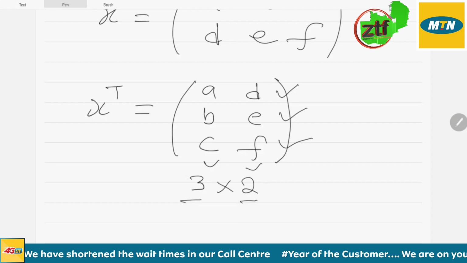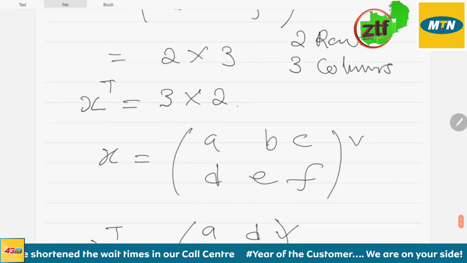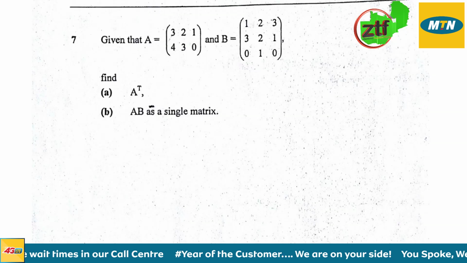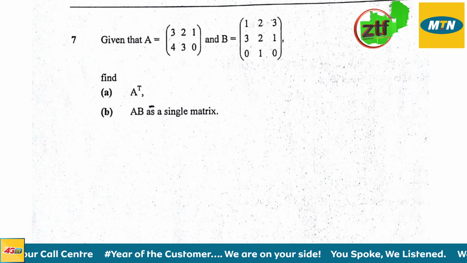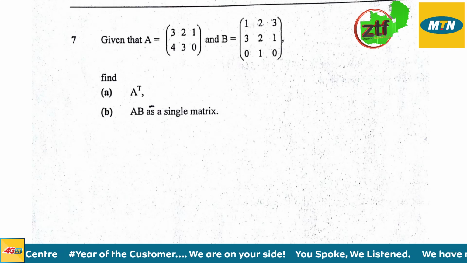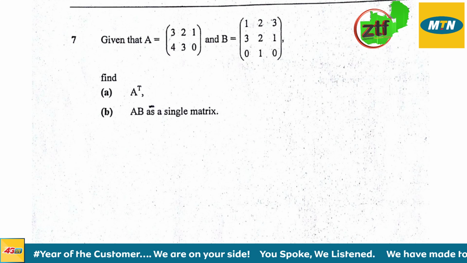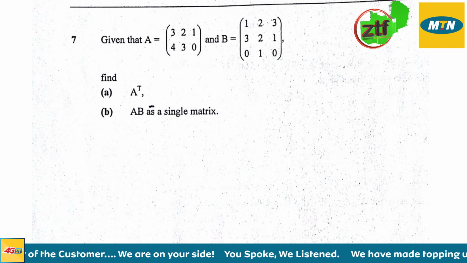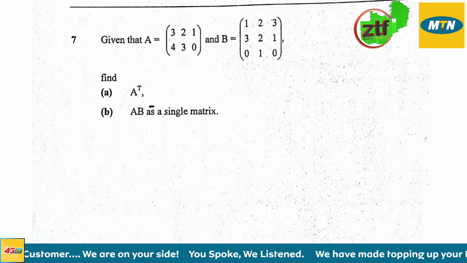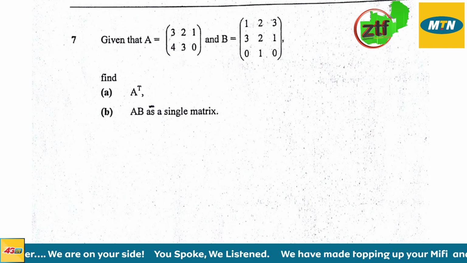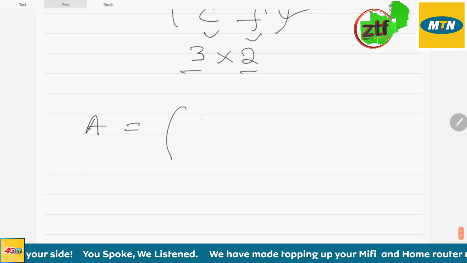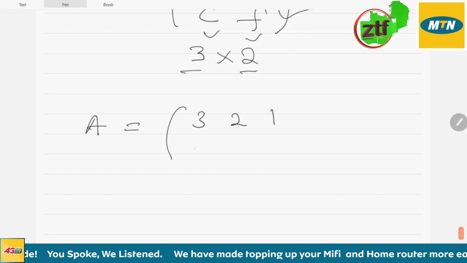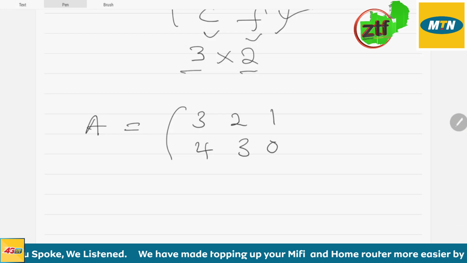All right. So getting back to the question, you have been given 2 matrices. You have matrix A, which is 3, 2, 1, 4, 3, 0, and you have matrix B, which is 1, 2, 3, 3, 2, 1, 0, 1, 2. I'll call this star 2. So if you are to find the transpose matrix of A, you have A as 3, 2, 1, then 4, 3, 0.